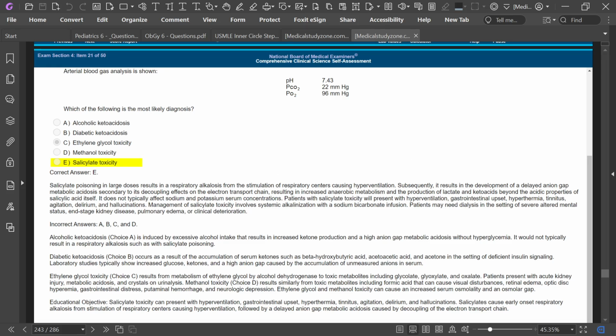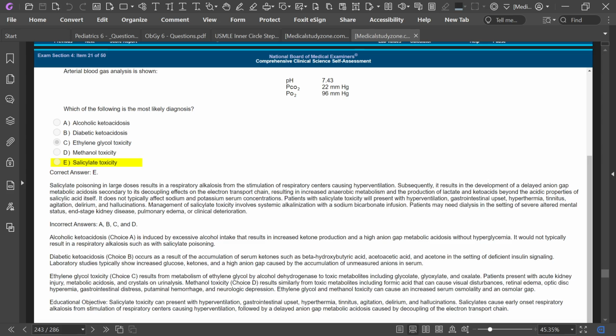Initially it causes respiratory alkalosis, then metabolic acidosis secondary to uncoupling effect on the electron transport chain, resulting in increased anaerobic metabolism, the production of lactate and ketoacidosis, beyond the acidic properties of salicylic acid itself. It does not always affect sodium and potassium concentration.